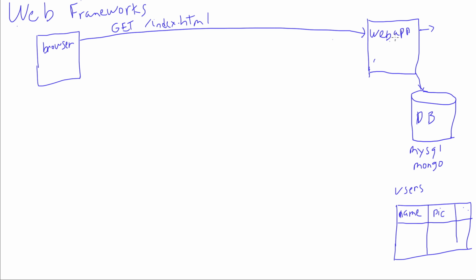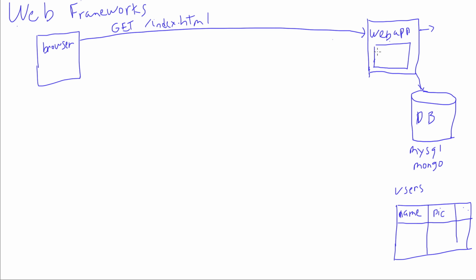When you're building your web application, you want to fetch a particular user's name and picture, etc., and you want to have that available in your code. This is going to be, say, Python or C#. So you want to be able to access a particular user in your code.